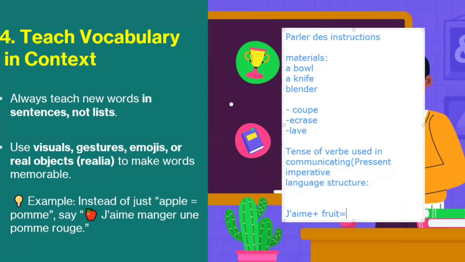So this is how to teach a language speech, the act of language, instead of giving them a list of vocabulary. When you give them a list of vocabulary, they will not be able to communicate. They will only cram the words, and that is not the pattern of teaching a foreign language.